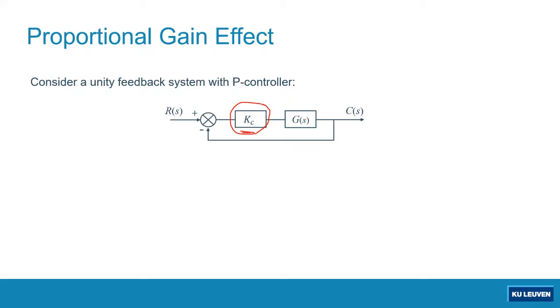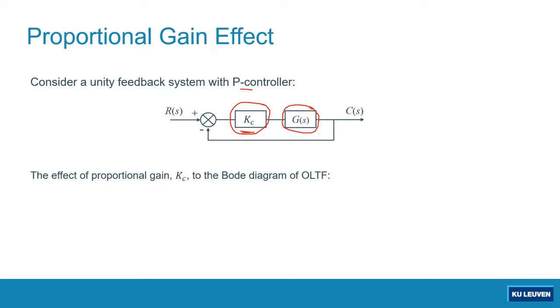There is no dynamics in your controller there. And this proportional controller, at this moment, we are going to use it to control a system whose transfer function is equal to G(s) in a unity feedback form. Okay?